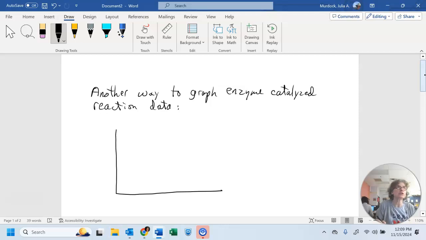You just measure the disappearance of the substrate and appearance of product. A lot of labs actually do that. Some of the high school labs we used to do, we didn't measure rate. We just measured how much product was produced per minute.